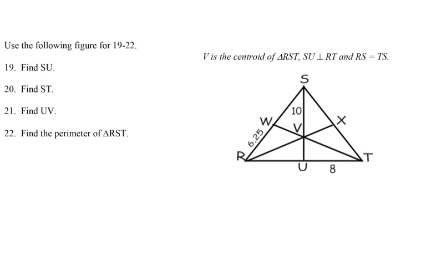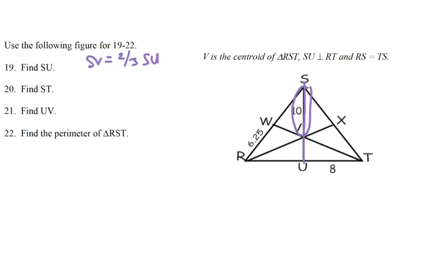Alright, so our first one is finding SU. What we have is our centroid, and we have our 2/3 line right here, which is our larger line. We want to find SU, so we know that SV equals 2/3 of SU.